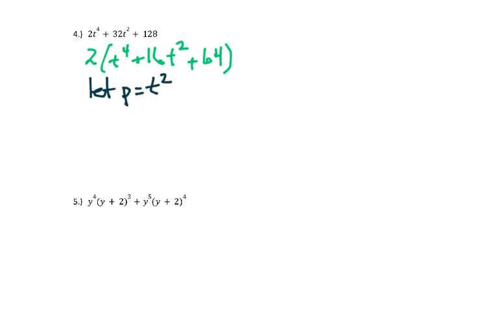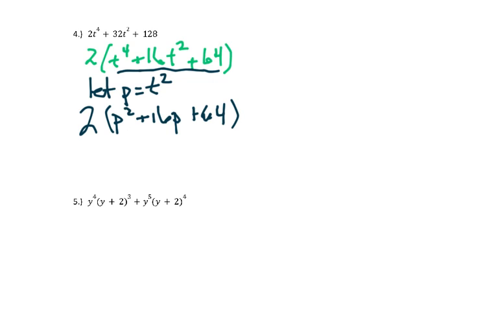Then we can rewrite this trinomial using p's, right? Our t to the fourth, if p is equal to t squared, will equal p squared, plus 16t squared is 16p, plus 64. We still have that 2 up front.